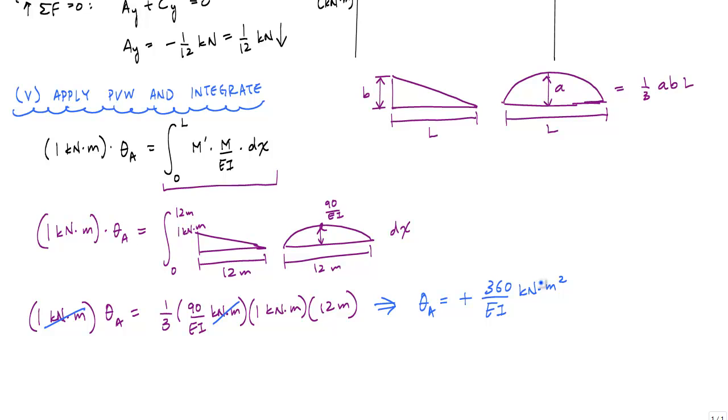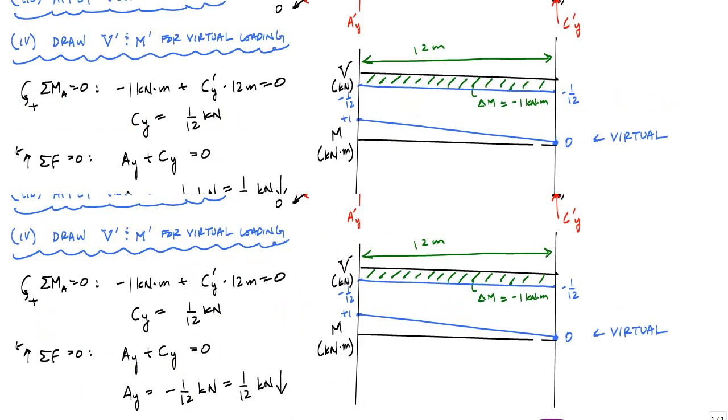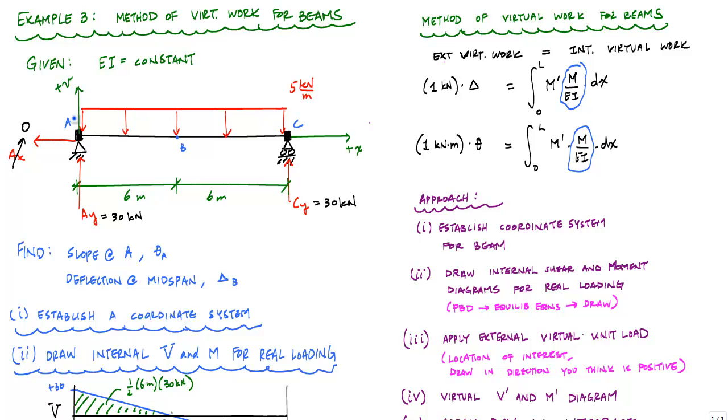Now, this positive value just indicates that this 360 over EI kilonewton meter squared rotation is also in the same direction that we drew that virtual unit moment, which is clockwise. According to our sign convention that we set up, this V and X, and point A rotating like this is actually a negative slope in this VX beam, local beam coordinate system.